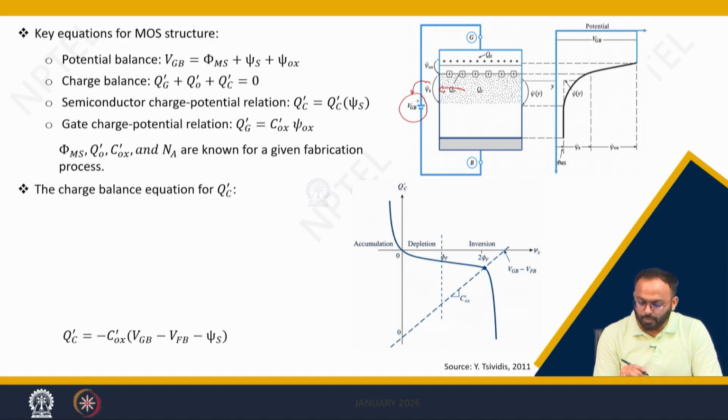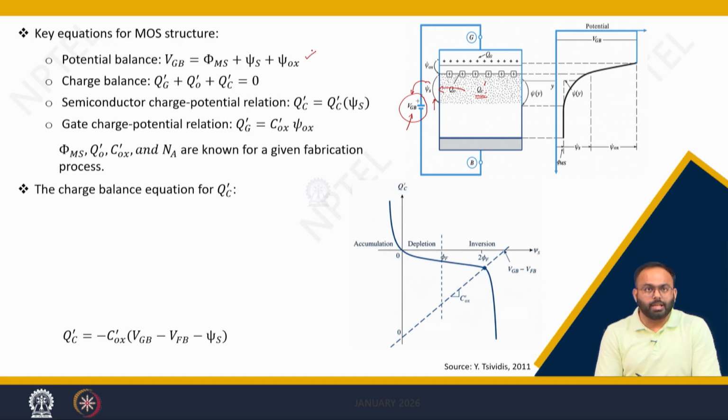We saw one equation relating the surface potential and channel charge, but we need to make a complete closed form equation which relates the applied voltage VGB with the surface potential and Qc dash. To see this, let us complete our understanding of the different equations.